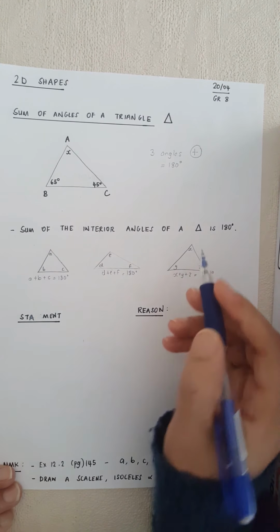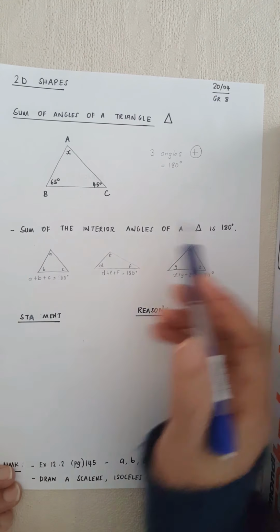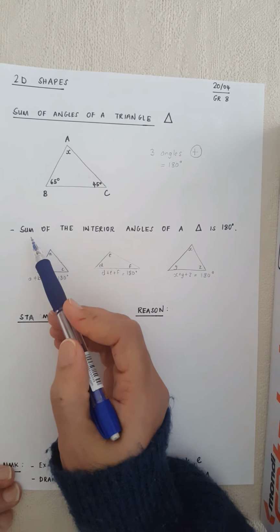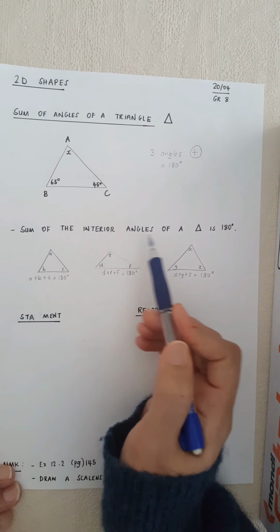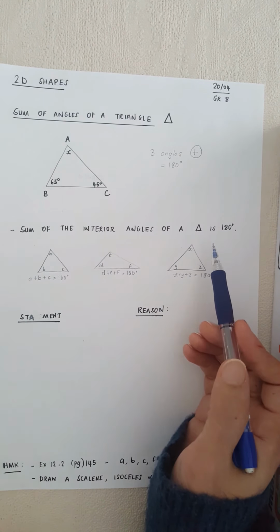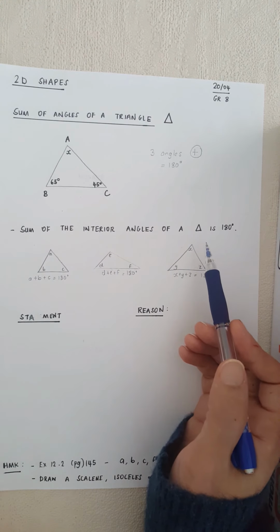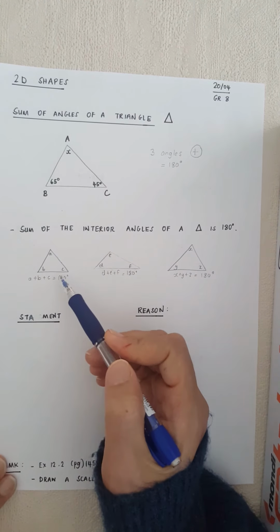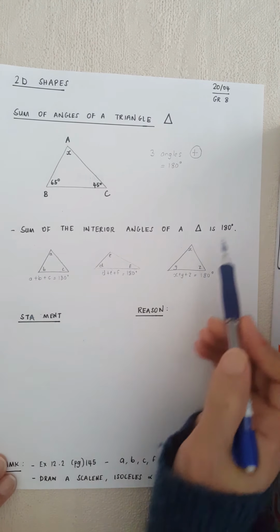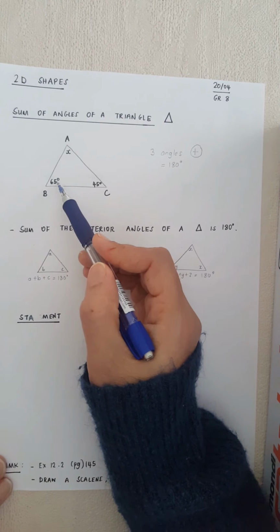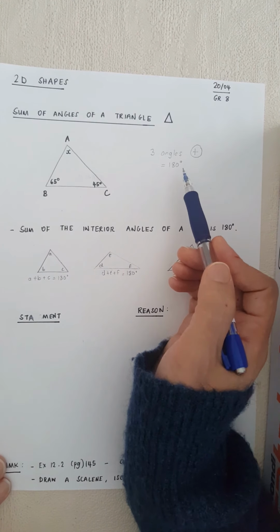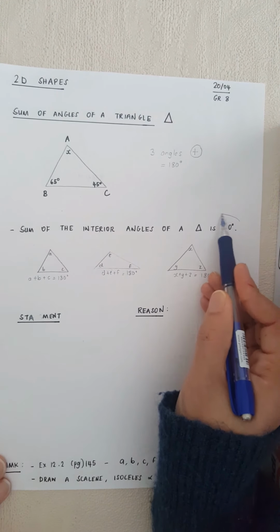So what we are doing is we're learning a theorem, which means that this has been proven by the mathematicians and we need to learn it, and we say the sum of the interior angles of a triangle is 180 degrees. So when we see a long sentence like that, all it's telling us is A plus B plus C is equal to 180 degrees, right? So if you add any angles inside a triangle, the rule is that it's going to be equal to 180 degrees.